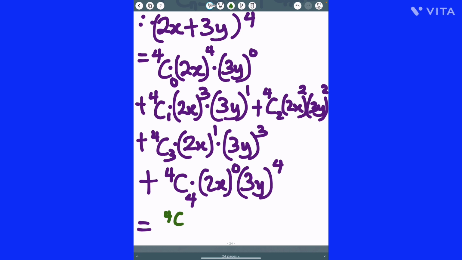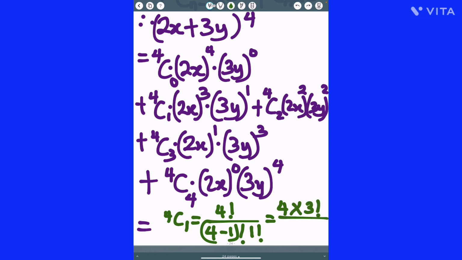So all I need to do here first is get the value of each of my n combination r. 4 combination 1, what's it? That's 4 factorial over 4 minus 1 factorial times 1 factorial. 4 factorial is 4 times 3 factorial. I'm supposed to write 4 factorial as 4 times 3 times 2 times 1, but instead I can just leave this as 3 factorial, because on the denominator side, this bracket will give me 3 also with factorial outside. 1 factorial is 1.